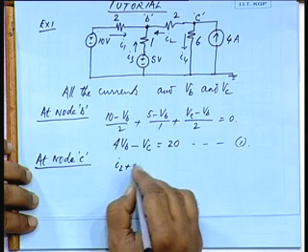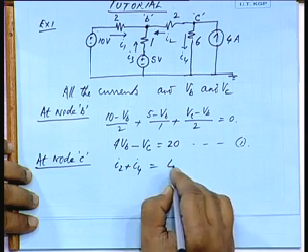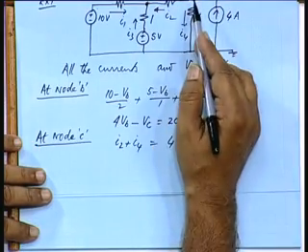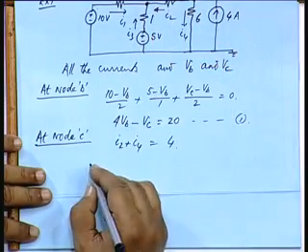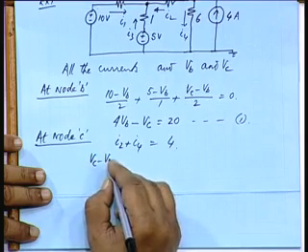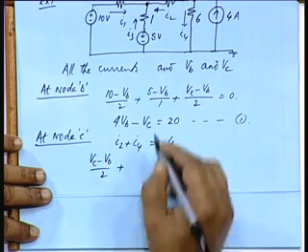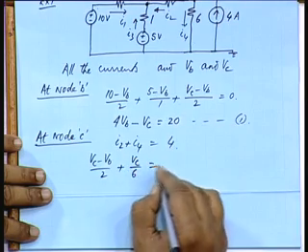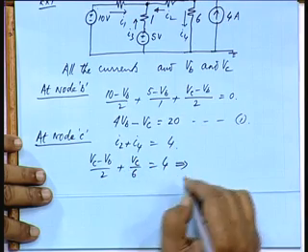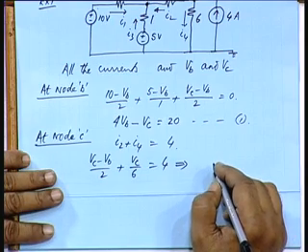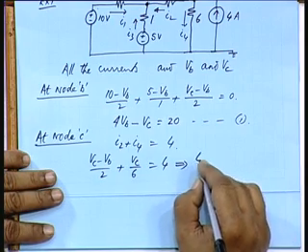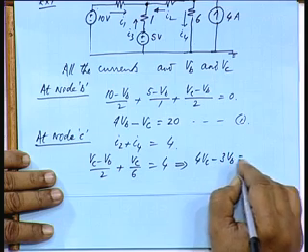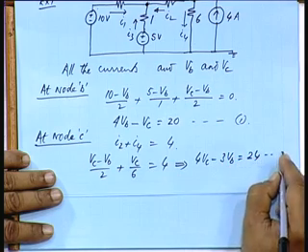I 2 plus I 4 is equal to 4, is that agreed? And how much is I 2? V C minus V B by 2, thank you, and I 4 is V C by 6. So, that gives me finally 4 V C minus 3 V B is equal to 24, is it not?